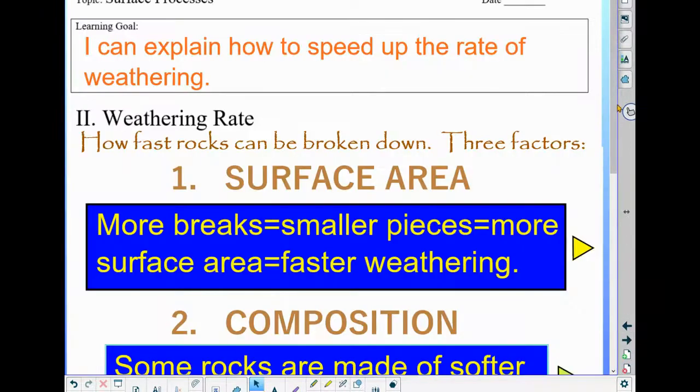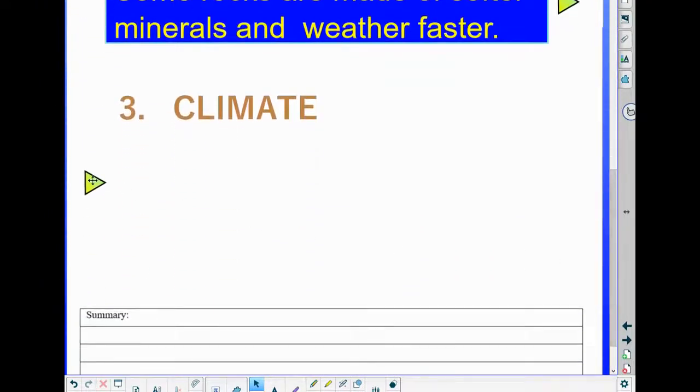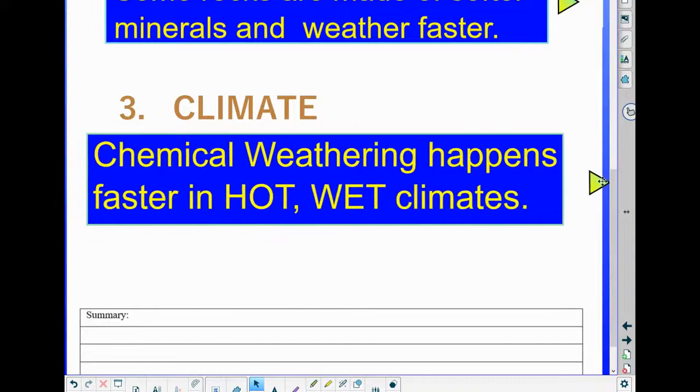So we have our third factor that affects the weathering rate, or how fast rocks weather, and that's going to be climate. Chemical weathering in particular is going to happen much more and faster in hot and wet climates.